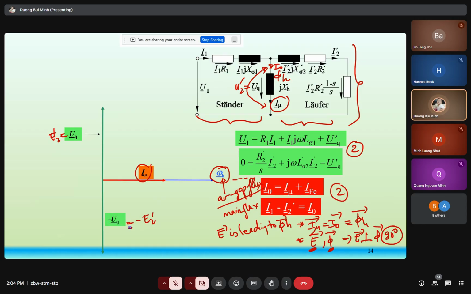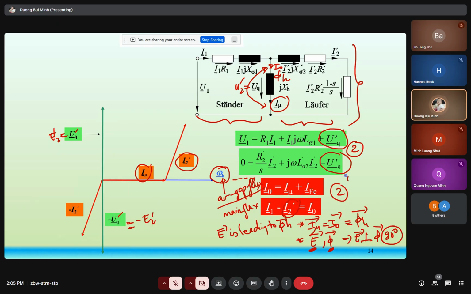Why do you need the minus? Because here we have a minus, so here you get positive U2 prime. This is I2 prime.